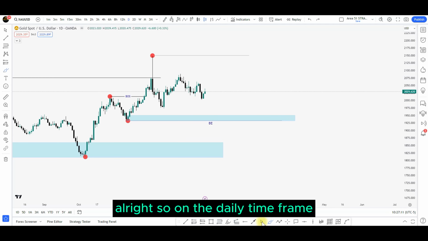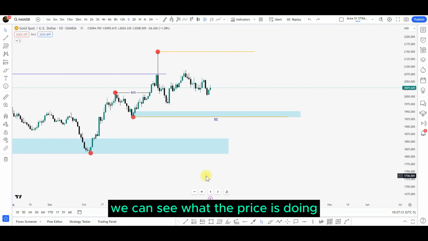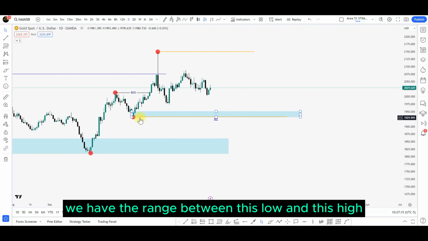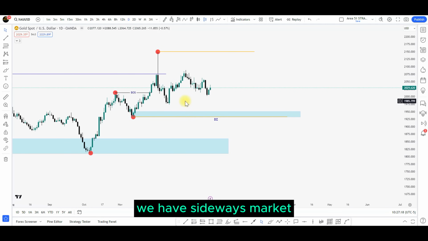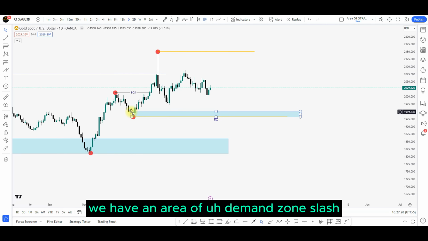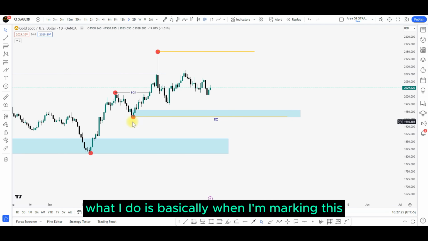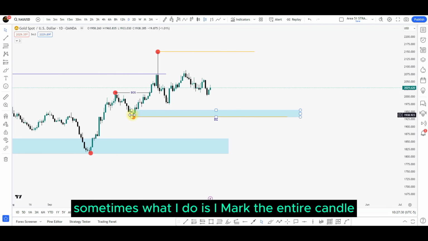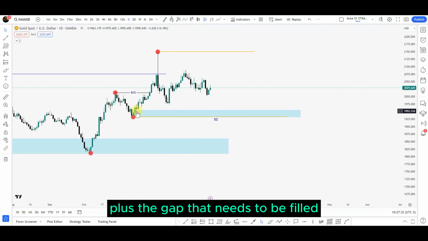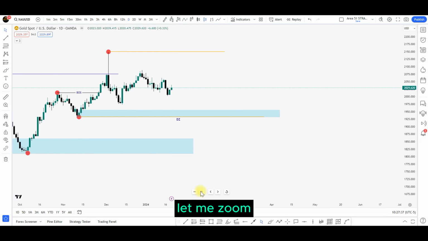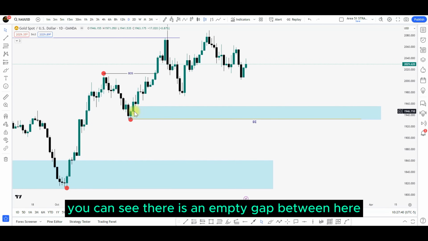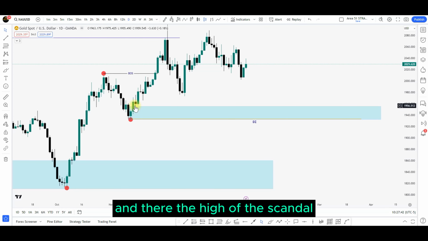All right. So on the daily time frame, we have a range between this low and this high. We have a sideways market. We have an area of demand zone and imbalance that's happening between here and here. When I'm marking this, sometimes I mark the entire candle plus the gap that needs to be filled, which is until this candle low here. Let me zoom. You can see there is an empty gap between the high of this candle and the low of this candle.